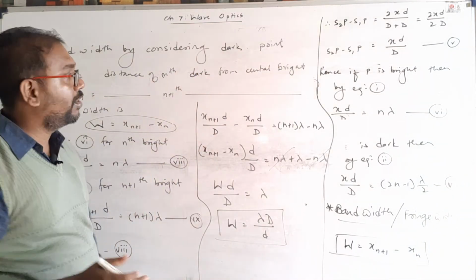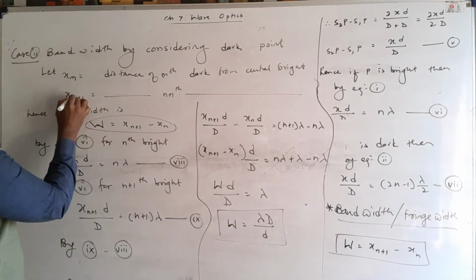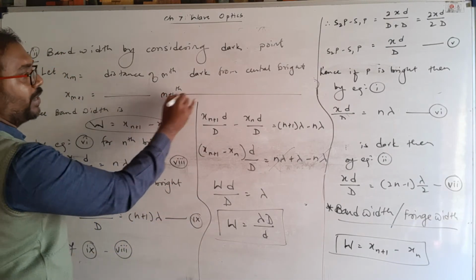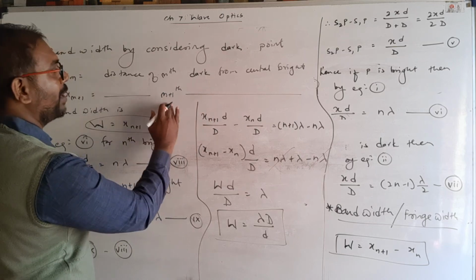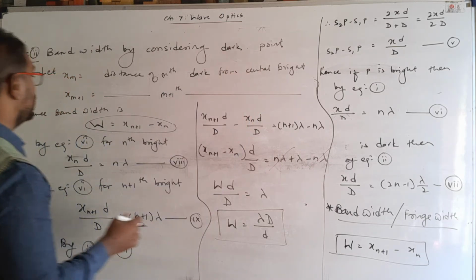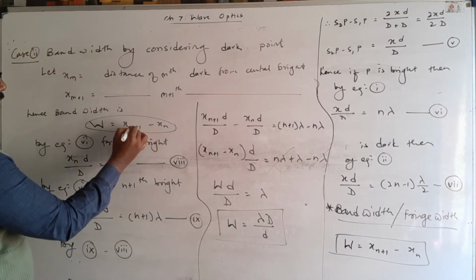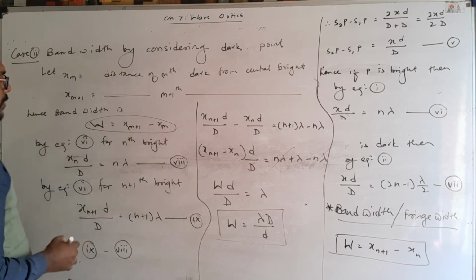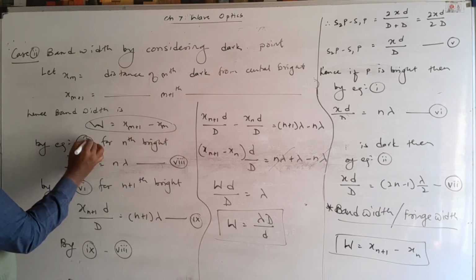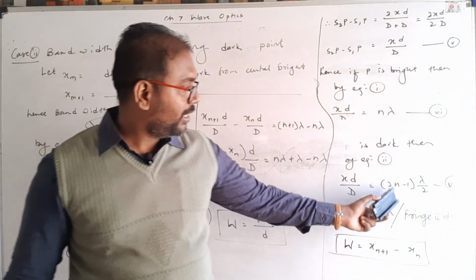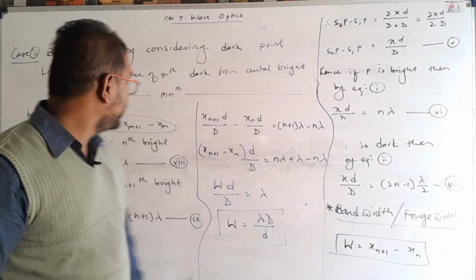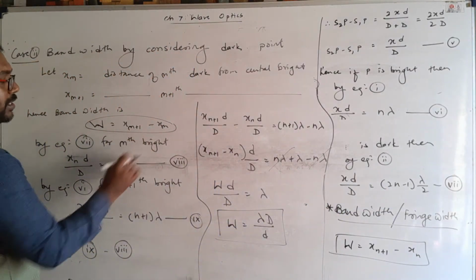So we are considering distances from the central bright only. xm plus 1, the distance of the m plus 1 th dark from the central bright. Then bandwidth is xm plus 1 minus xm. Now by using equation 7, which is for the dark point, for the mth dark.